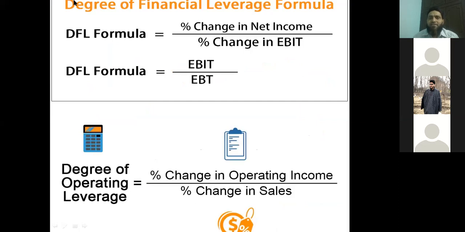You also have studied financial leverage, degree of financial leverage. Every company has a debt equity mix, and the debt equity mix varies from one company to another. Due to debt equity composition, if there is any income, suppose income is 15% and debt equity ratio is 50-50, then return to the investor will be something.